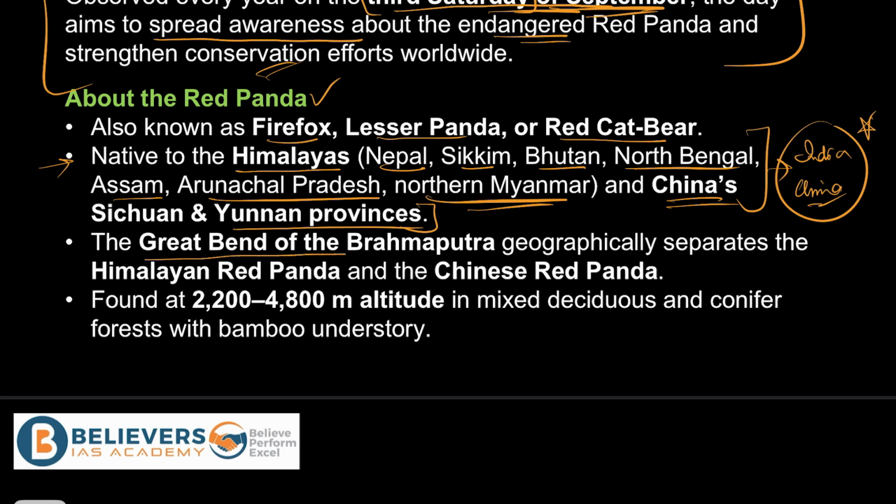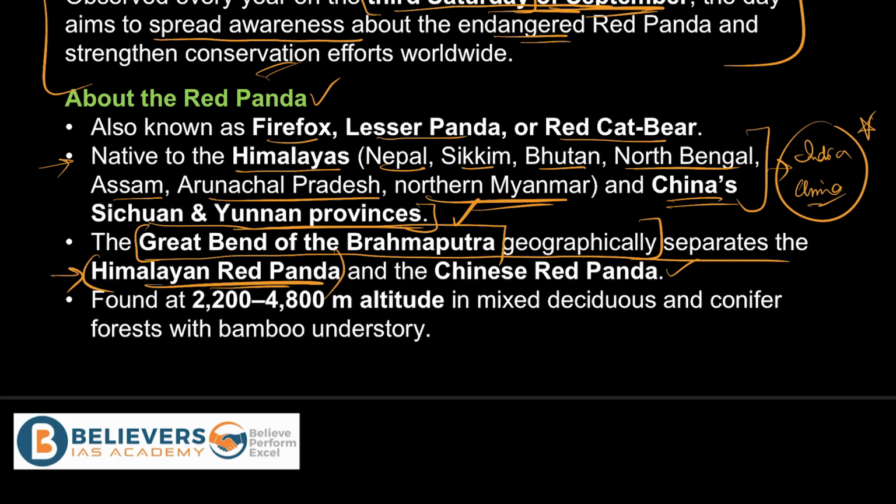The next point talks about the geographical separation of two distinct species of the red panda. In fact, it's the same panda, but because of the natural geographical separation caused by the great bend of the Brahmaputra river, it has two different names.